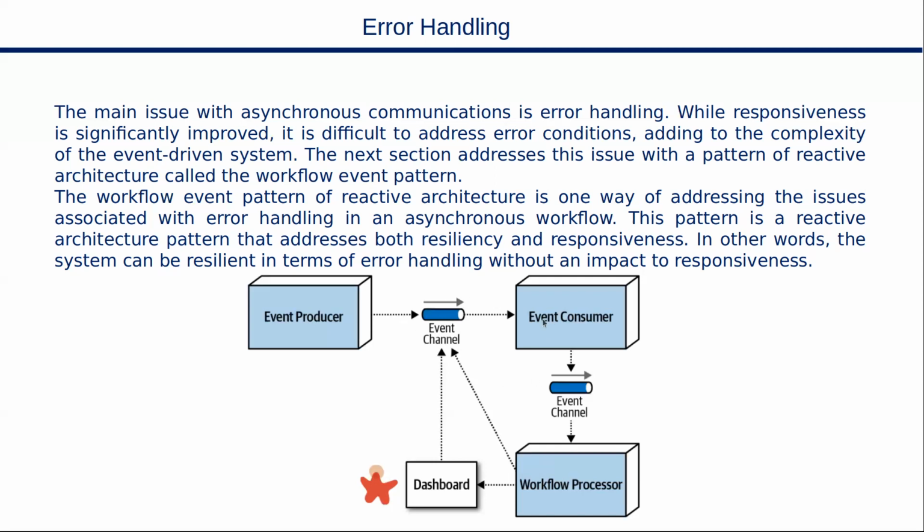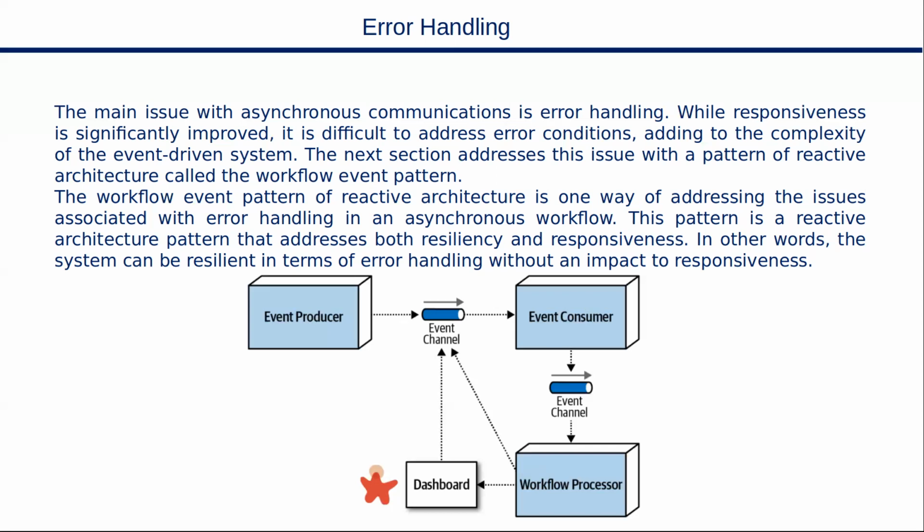So we will have the loop where all errors that happen, for example, in the event consumer, will be put into an additional queue that will be read by the workflow processor, trying to handle such a situation and send it back to handle and not lose anything. This is one of the techniques that can be used.